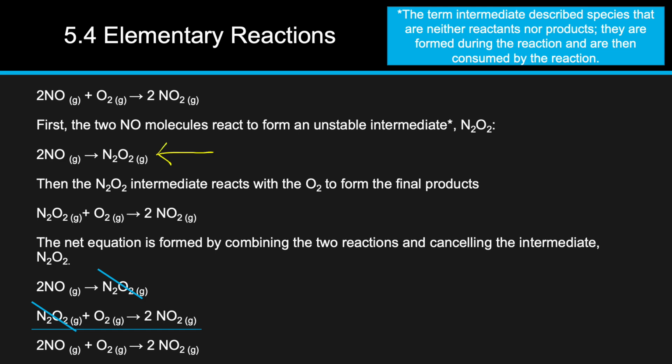Notice that this intermediate N2O2 is not found in our overall reaction because in the next elementary step, that intermediate is used up to form our product, which is in our overall reaction. When those 2 steps are added together, the intermediate cancels out, leaving the overall balanced equation 2NO plus O2 reacts to form 2NO2. This shows how complex reactions proceed through simpler, physically realistic steps rather than a single multi-particle collision.